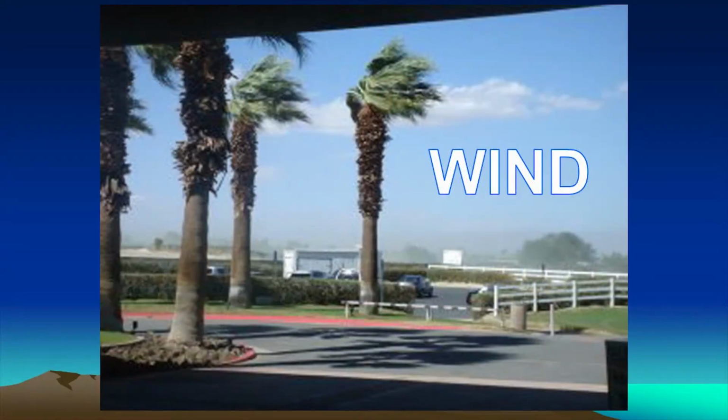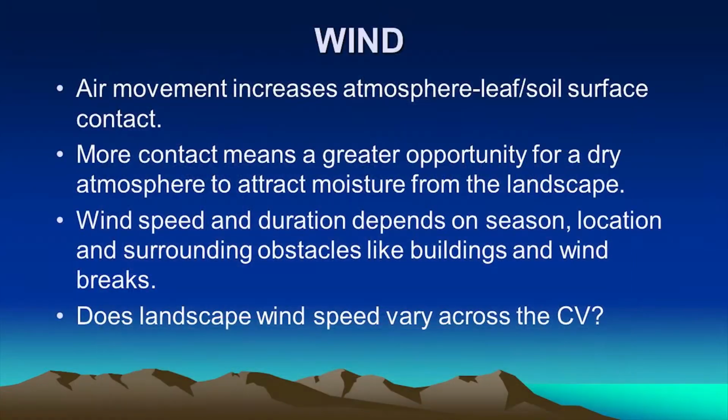And finally, the wind. Air movement increases contact between the atmosphere and your plants. So when you've got a hot, dry wind, like I shop at Costco out near Monterey and I-10, and you know, the wind just howls there. It just blows. And it's coming across dry sand dunes.